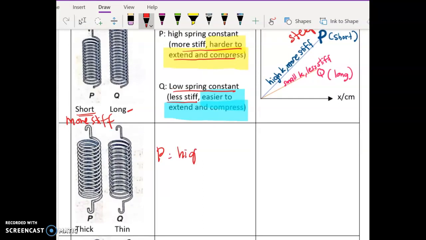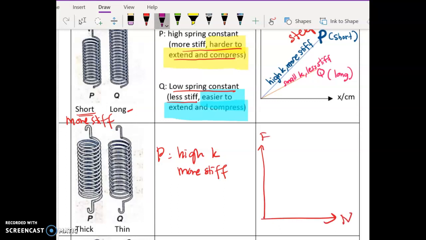So P has a high K, high spring constant, and is more stiff. If you draw a graph, you will get a steep graph.